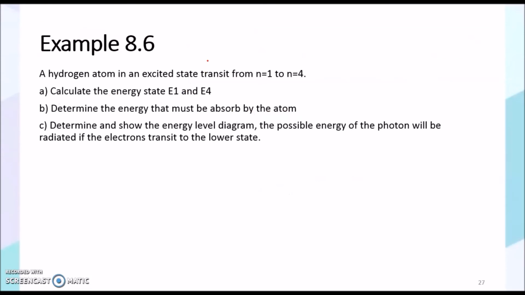Example 8.6, a hydrogen atom in an excited state transits from n equal to 1 to n equal to 4. So this is energy initial and this is the energy final. Calculate the energy state in E1 and also E4, energy level 4. So for this one, we can use the equation En equal to negative E1 over n square for both energy level.